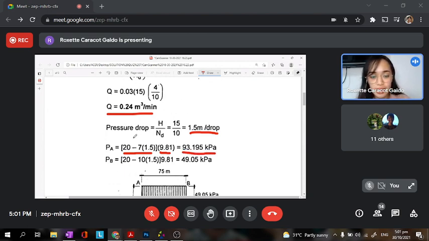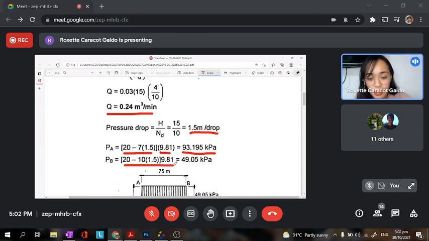This is the gamma, and this is the H bar or the H. We know that the pressure due to water is equal to gamma H. So since we are dealing with water, with known unit weight, we just have to multiply the pressure head with the unit weight of water, which is equal to 9.81. Then we would arrive with the pressure due to water at point A.